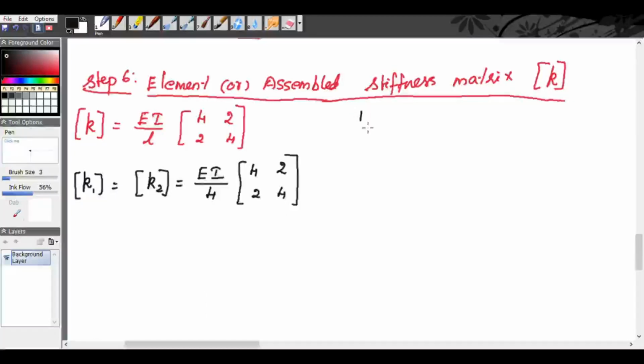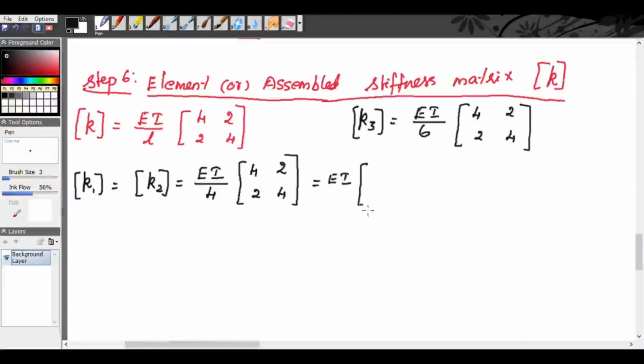Now what about K3? So K3 is equal to EI by L. L is 6 meter into 4, 2, 2, 4. So we will take EI out. Okay. So EI is common for both. So for K1 is equal to K2, we will take EI into 4 by 4 is 1, 2 by 4 is 0.5.